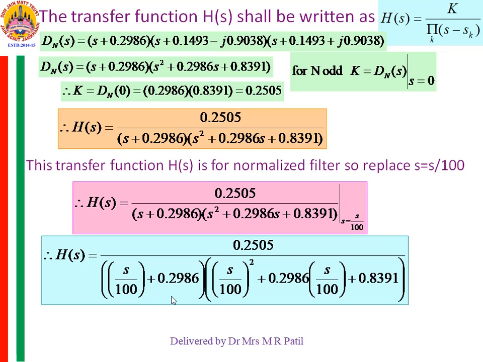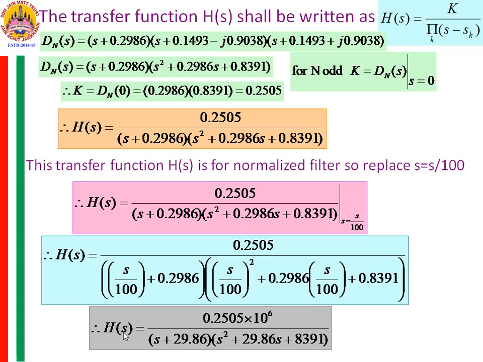So I will get the first bracket in the denominator as S plus 0.2986, and the second bracket as S square plus 0.2986 into 100, and 0.8391 into 100 square, that is 10,000.